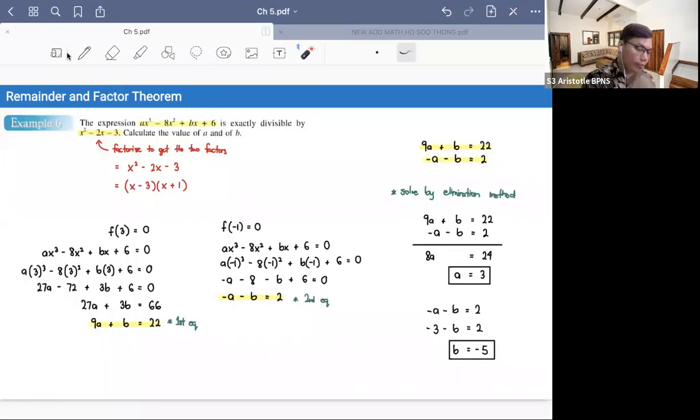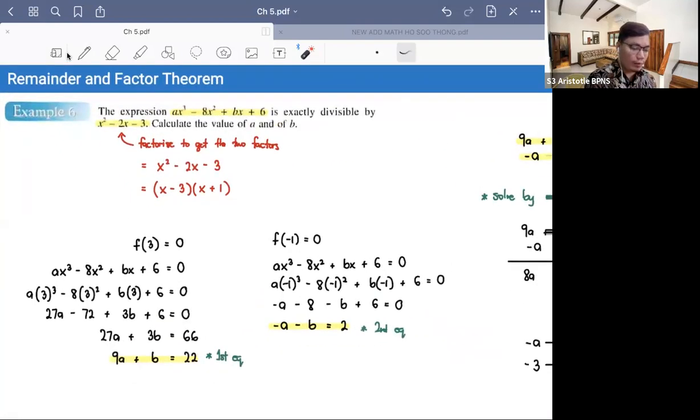In this example, the expression ax cubed minus 8x squared plus bx plus 6 is exactly divisible, that means it's equal to 0, by x squared minus 2x minus 3. Calculate the value of a and of b.